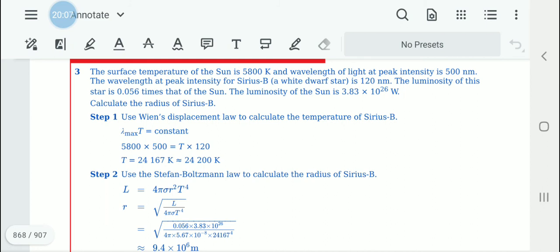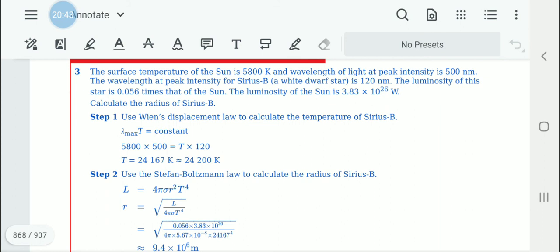So we use Wien's displacement law to calculate the temperature of Sirius B. We know lambda max T equals a constant. Because it is a constant, it is the same for both Sirius B as well as the sun. So we know that the sun has a temperature of 5800 multiplied by 500 nanometers lambda.